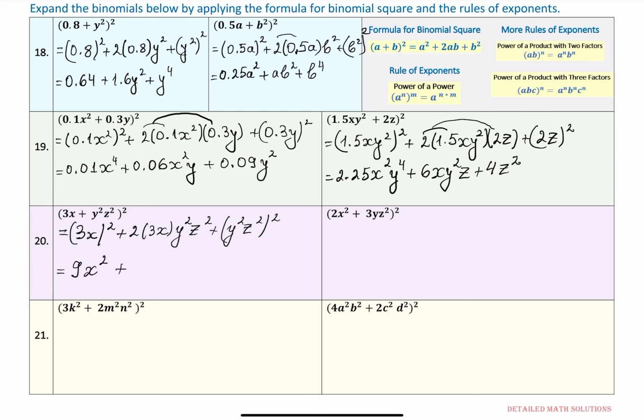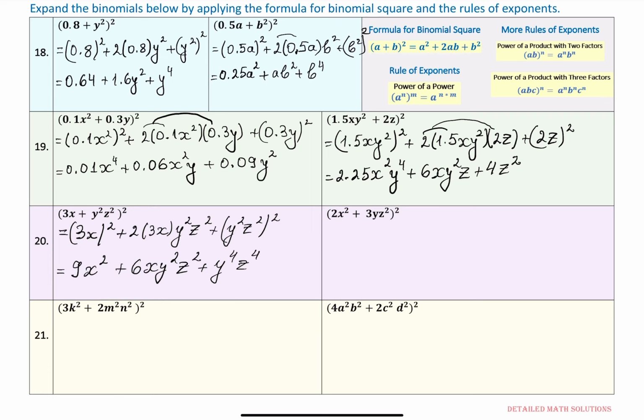Then we have 2 times 3, 6, x, y², z², plus then we have (y²)², which is y to the fourth power, (z²)², which is z to the fourth power.